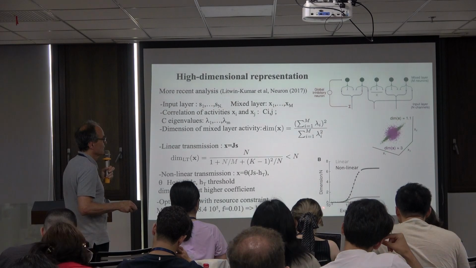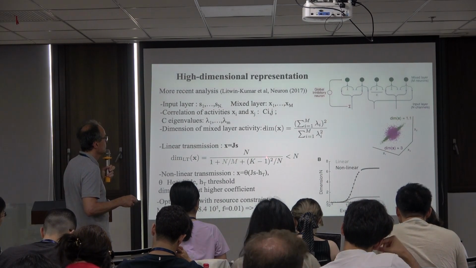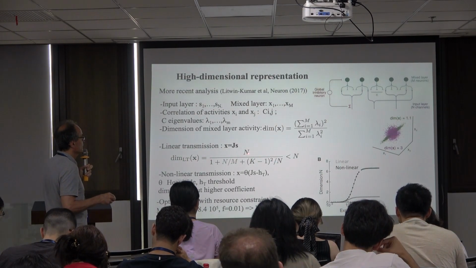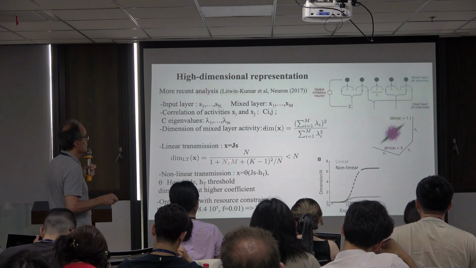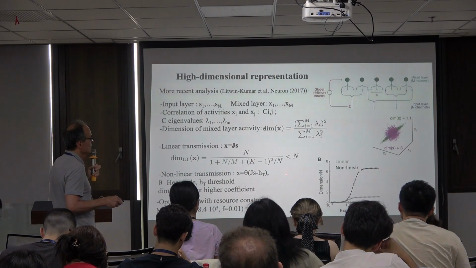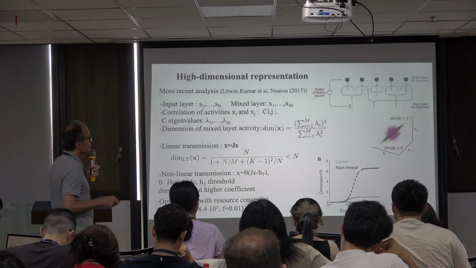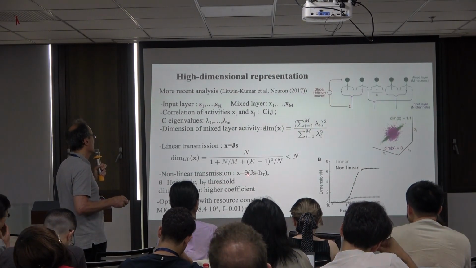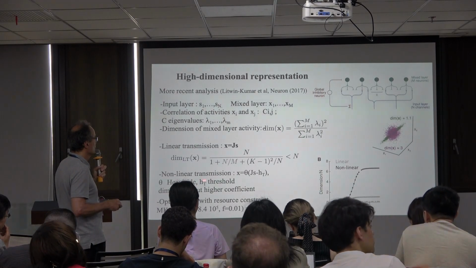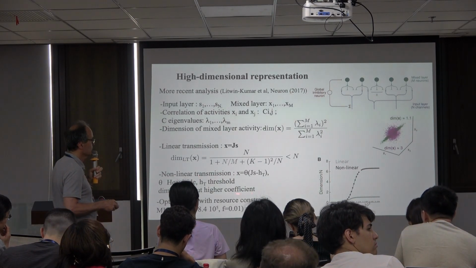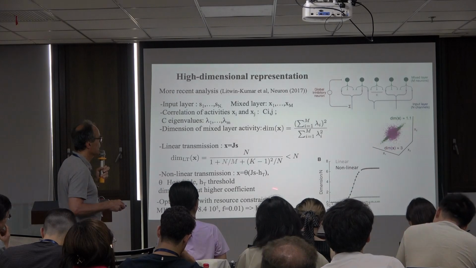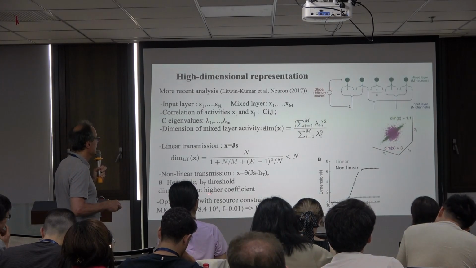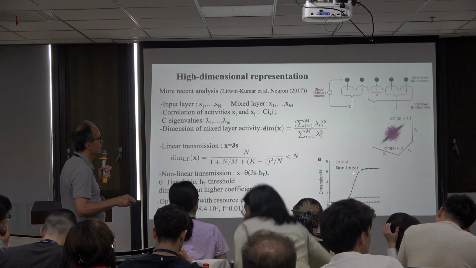So that's what is shown here. And if you put a very large expansion ratio, you can get basically. And so if you have nonlinear transmissions, you can do a bit better, you can look at the paper, but it's still linear in length.